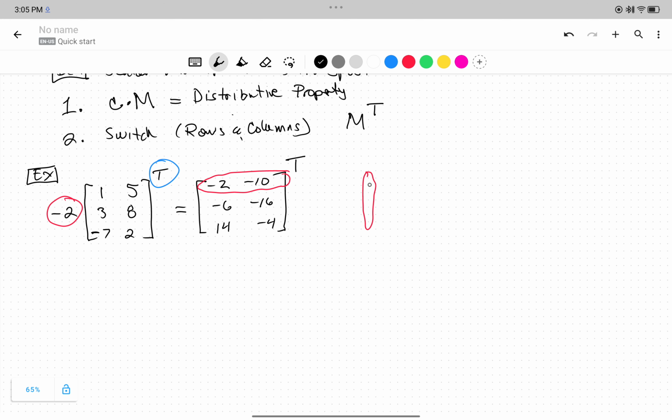Right? So it'll be like -2, -10. And then if you do that to all of them, -6, -16, 14, -4, and there you go. So that's the result.